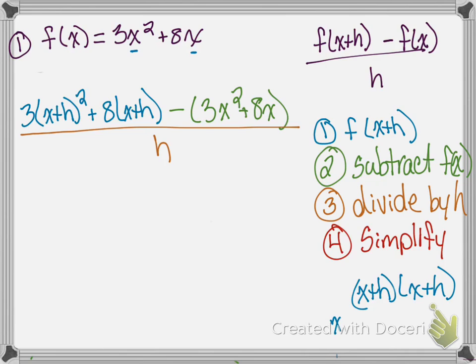This is x squared plus xh plus xh plus h squared, and that's first, outer, inner, and last. So that simplifies to x squared plus 2xh plus h squared. Okay? So this right here is going to replace this right here.